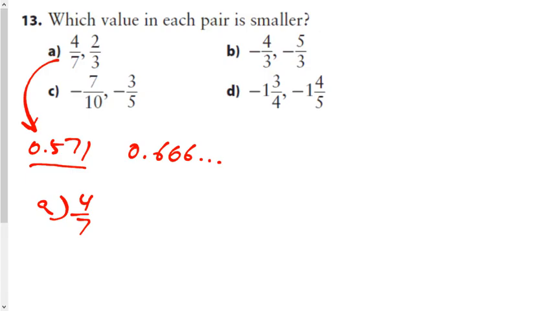Okay. B, I don't need calculators. Does everyone agree with my train of thought, what I did there? I didn't bother, because I'm looking at 3 denominators. I'm thinking, I know all my denominator 3 decimals. I know that negative 4/3 is negative 1 1/3, and negative 1 1/3 is negative 1.333.